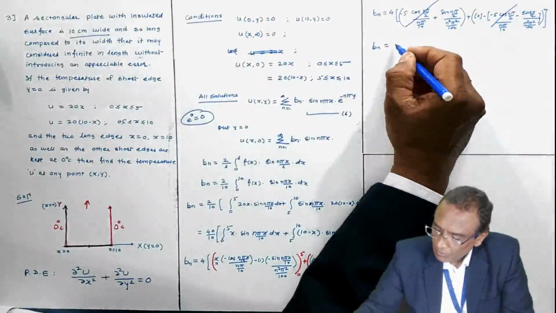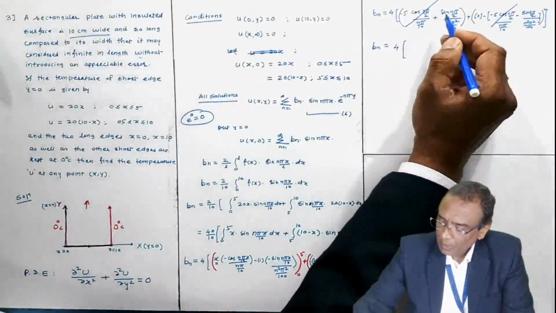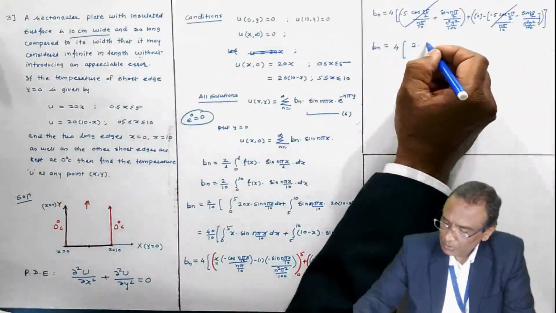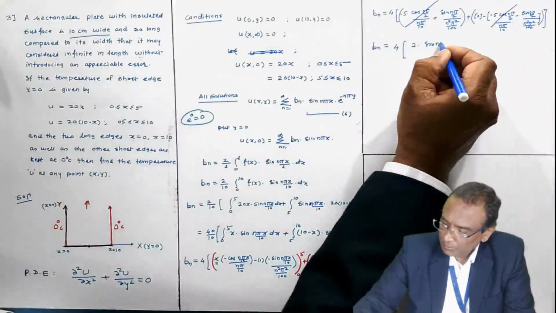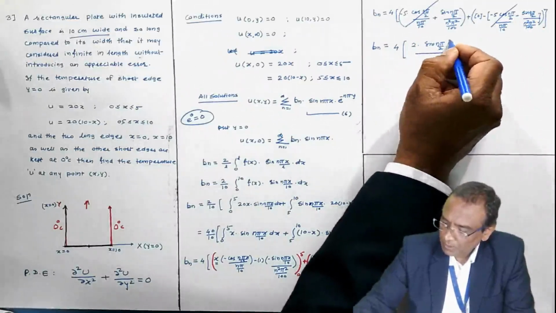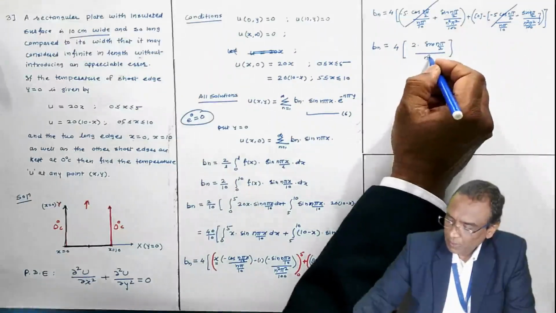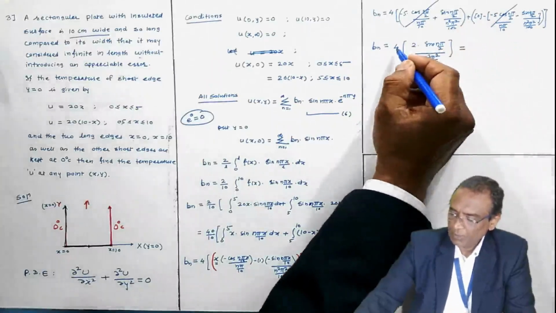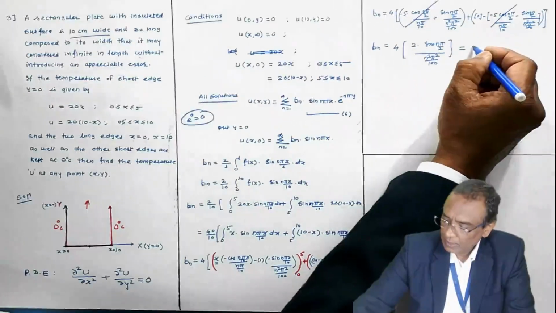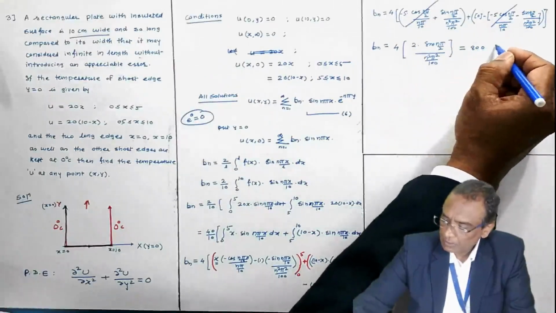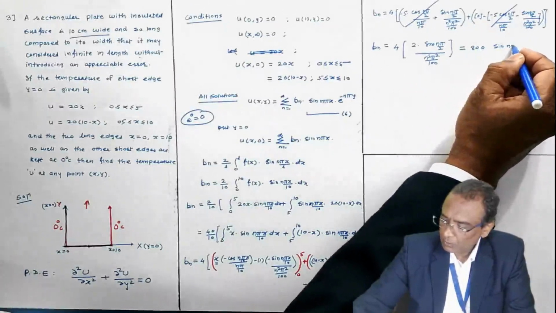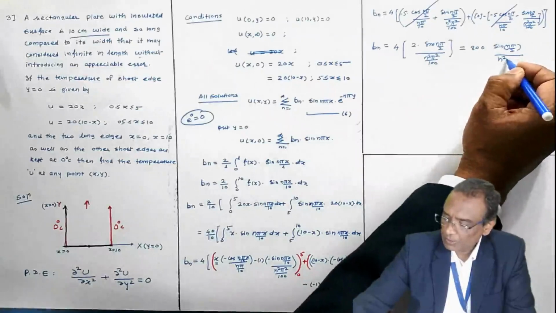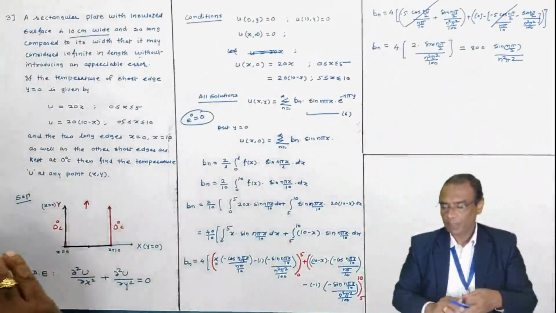So what is remaining now? 4 is outside, and sin n pi by 2, minus and minus plus sin n pi by 2 means 2 times sin n pi by 2, divided by n square pi square by 100. Okay, this will remain. Now it is 8 into 100 is 800, sin n pi by 2 divided by n square pi square. Okay, in this way value of bn will be found.